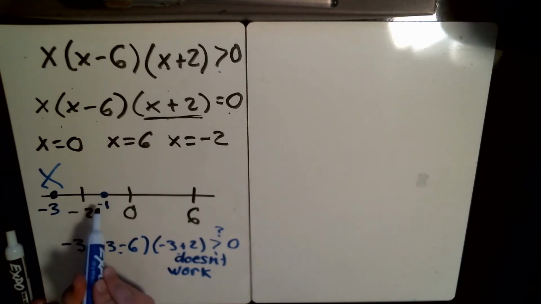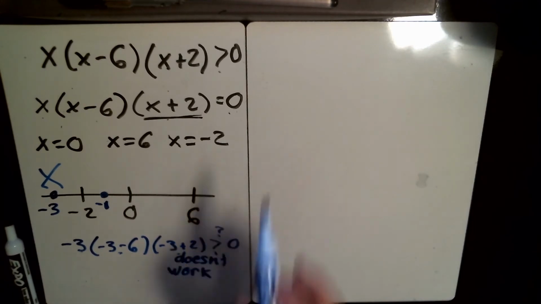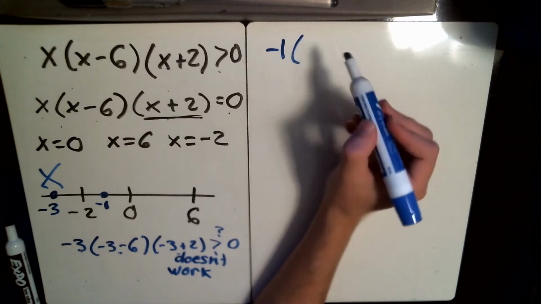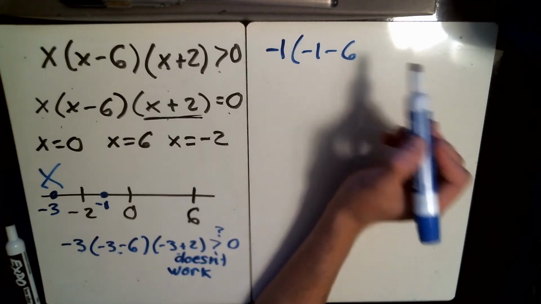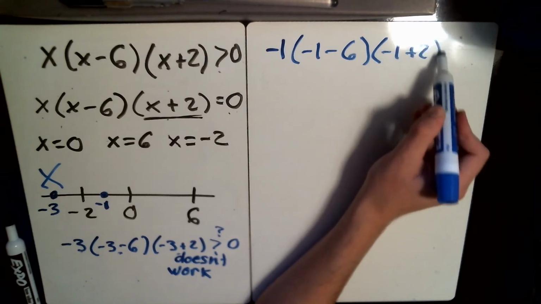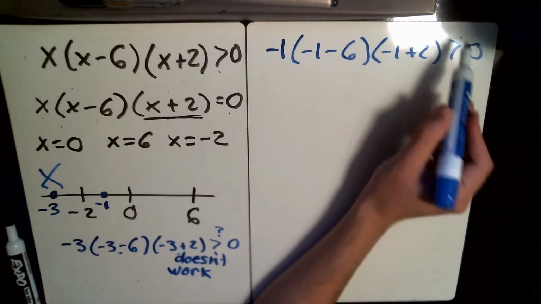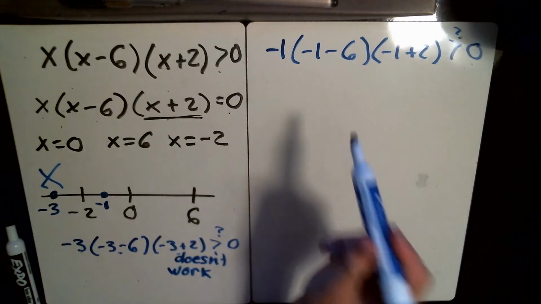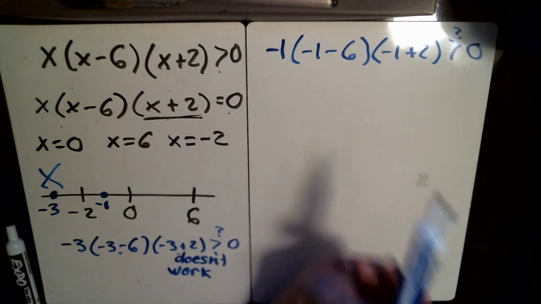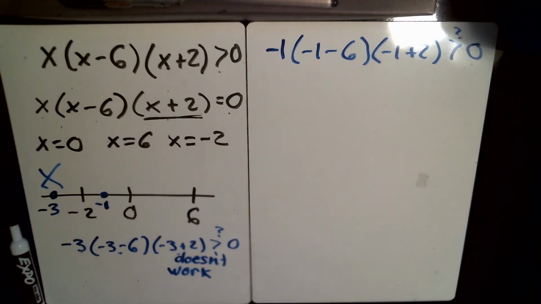So let's try in between 0 and -2. We'll try -1 and see if that one will work. So I'm going to plug that in: -1 times (-1 minus 6), times (-1 plus 2), is greater than 0, and we're wondering if this is true. Again, I'm just going to look at the signs.